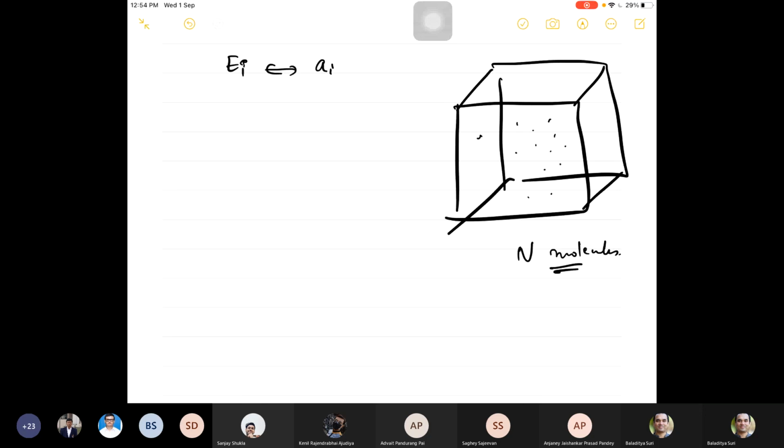These x1, x2, x3 could be the x, y, z of particle 1, x4, x5, x6 can be the x, y, z of particle 2, and so on, because we have 3 dimensions. And then we have p1, p2, and so on up to p_3n.